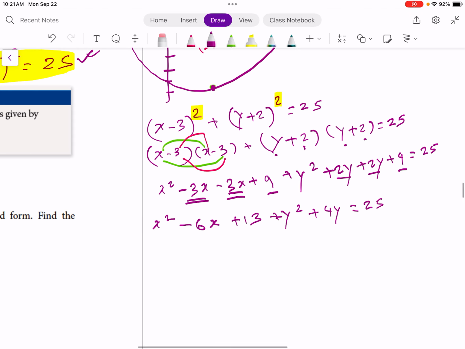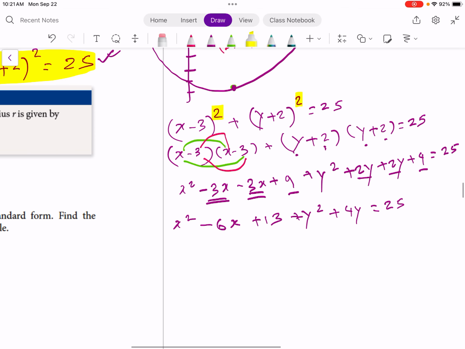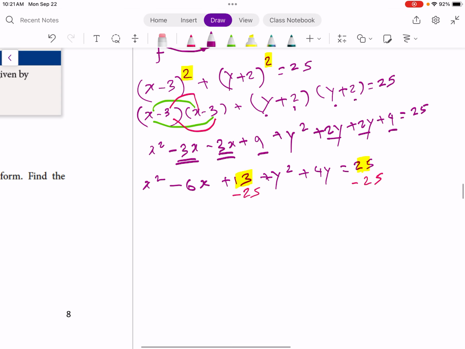Now we do have more like terms. 25 and 13 are like terms. So let's make 0 on the right side. You subtract 25. So our equation of the circle looks like this: x² + y² - 6x + 4y, 13 minus 25 is -12, equals 0.